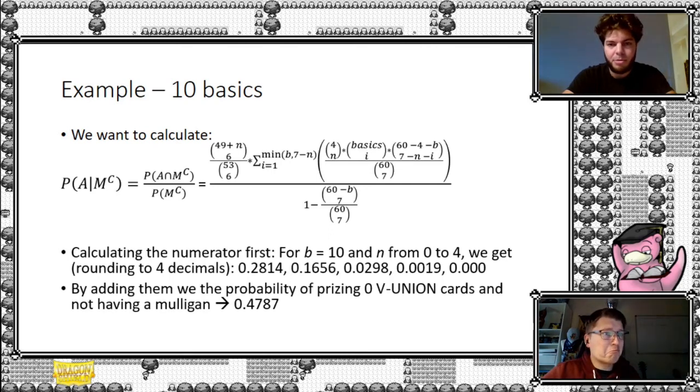But bear in mind that with this probability we did not correct for mulligans yet. So the denominator in the formula has not been taken into consideration yet. And notice also we have rounded it to 4 decimals.